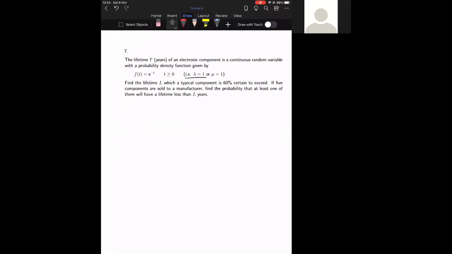So that just means that we know that the PDF of an exponential random variable is lambda times e to the minus lambda x. If lambda is equal to 1, then this just becomes e to the minus x. And in the question, we have f of t. So f of t just becomes e to the minus t.